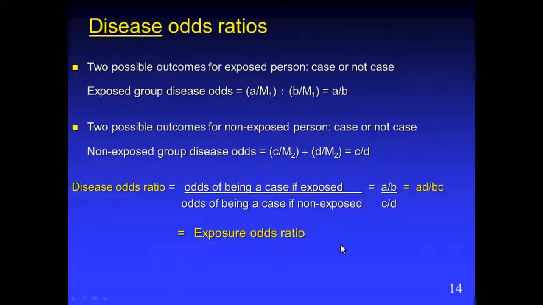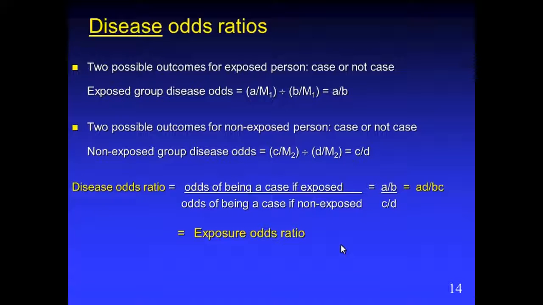Now that all probably sounds like a very complicated explanation, and you'll never have to suffer through this again. But all I really wanted you to understand is that these two things are exactly the same. You don't need to worry about which one you're talking about, and it doesn't matter which axis, whether the disease is on one axis or the other axis, or the exposure for that matter.